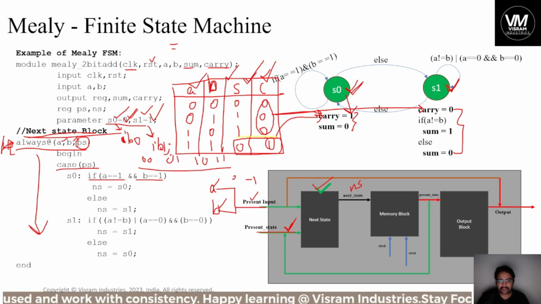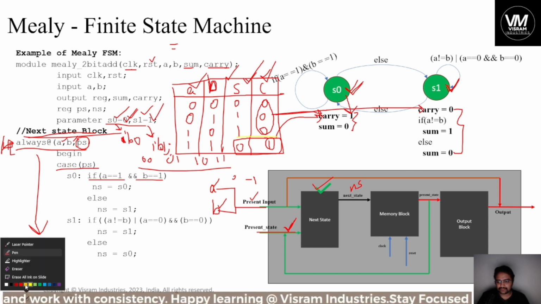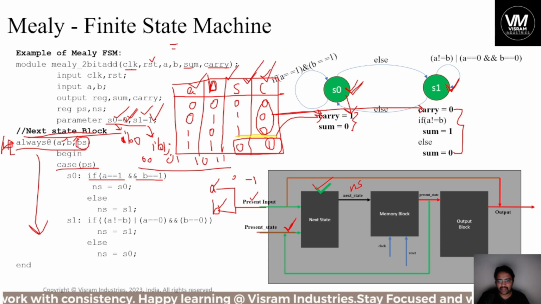When carry is equal to 1, sum is equal to 0. When carry is equal to 0, what is the sum? Sum can be 0 or sum can be 1. So we never know. But for that state S1, this is one condition and this is one condition.